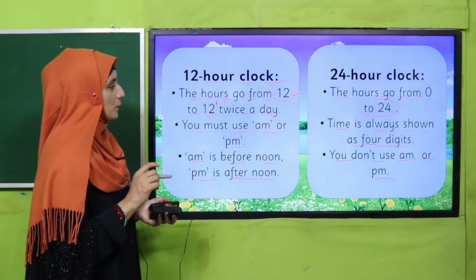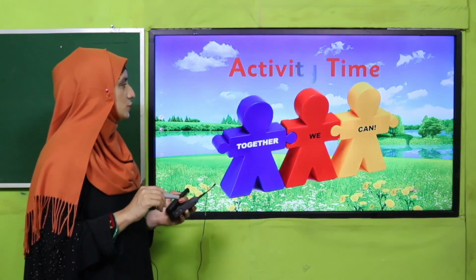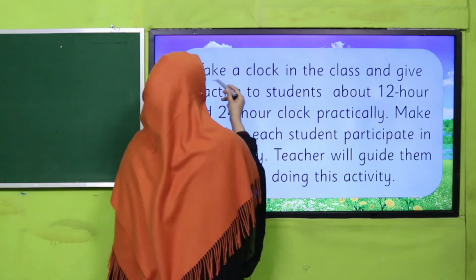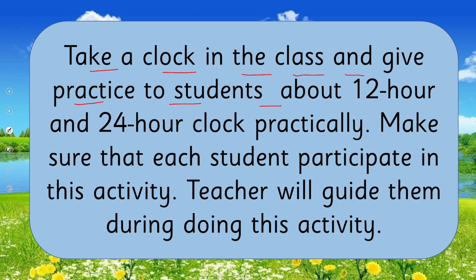Is it clear? Now we are moving toward an activity, my dear teachers and my dear students. So be ready. My dear teacher, take a clock in the class and give students practice with the 12-hour and 24-hour clock practically. Make sure that each student participates in this activity.